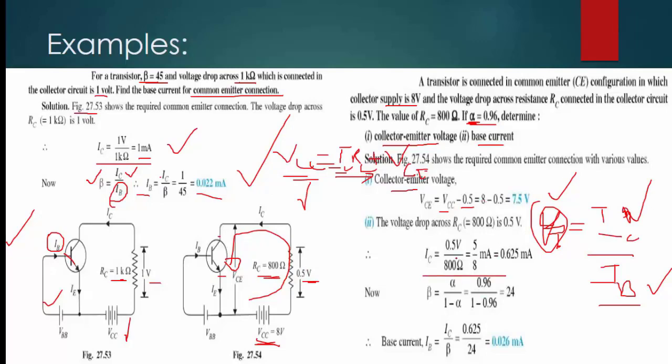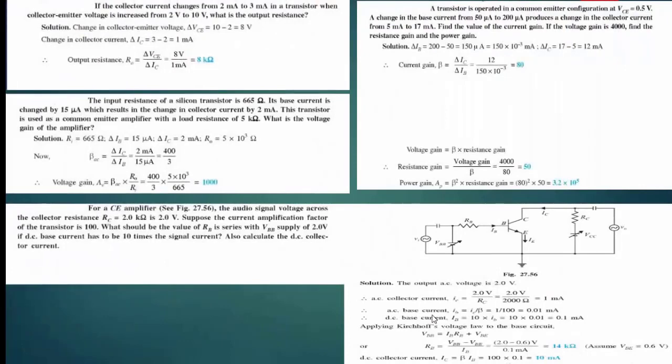To get beta, we convert the factor we were given to common emitter using this relation. Then we substitute that and get IB, where IB equals IC over beta. We get beta as 24, we calculate IC, and we get our answer like that.